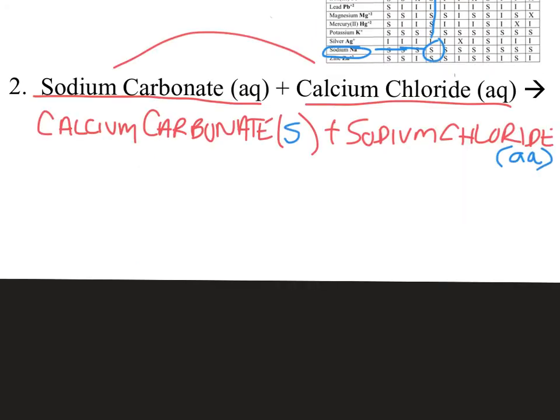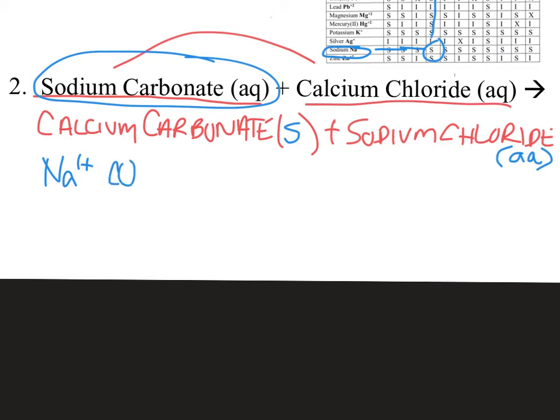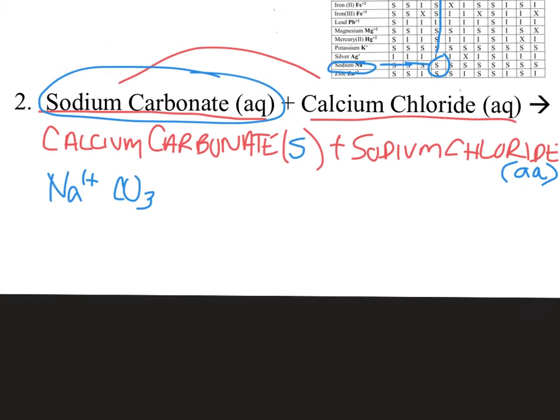So the first thing I like to do is kind of work out what my charges are going to be. So sodium carbonate, sodium has a +1 charge according to the chart, and carbonate, CO3, with a -2 charge. Okay. Next up is calcium chloride.